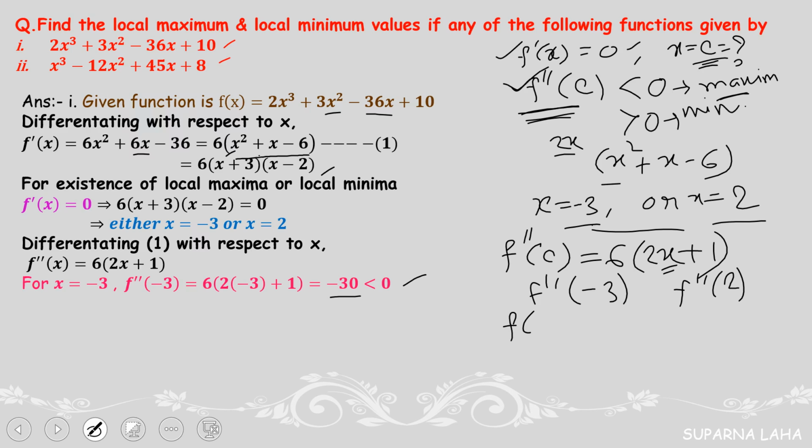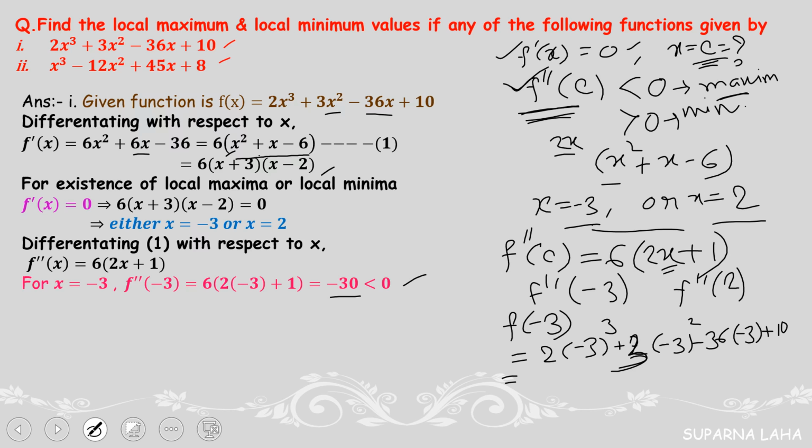That is f of c, that is f of minus 3. If we put minus 3 in this function, we will find 2 into minus 3 the whole cube plus 3 into minus 3 the whole square minus 36 into minus 3 plus 10.